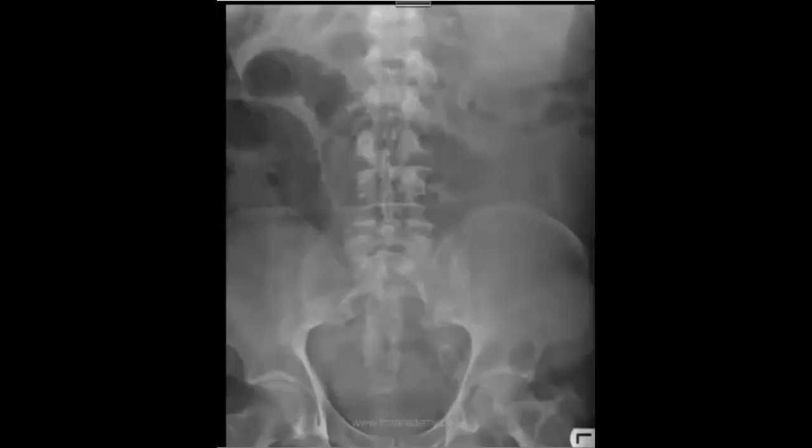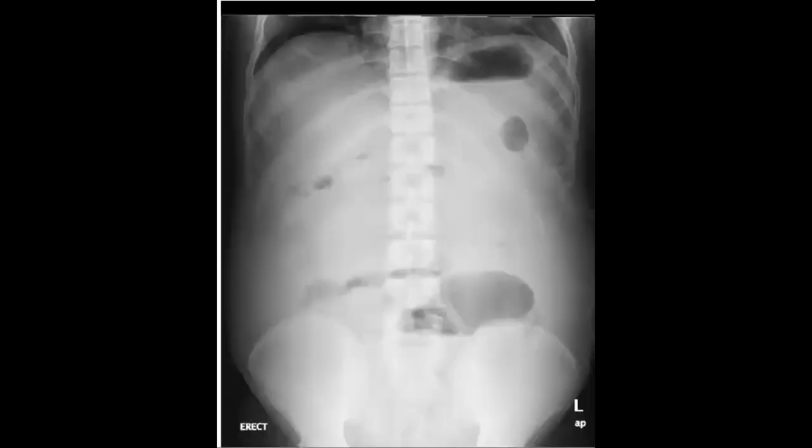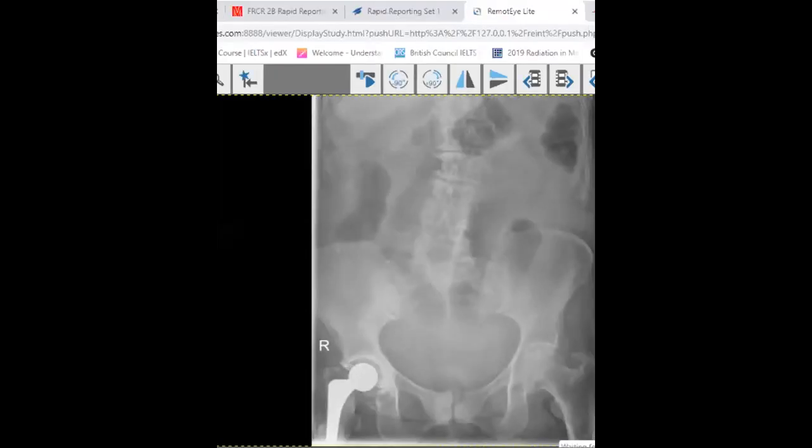You see here from side to side, dilated bowel loops. So this one is a small bowel obstruction. Many appearances or many forms of small bowel obstruction. Multiple air fluid levels.